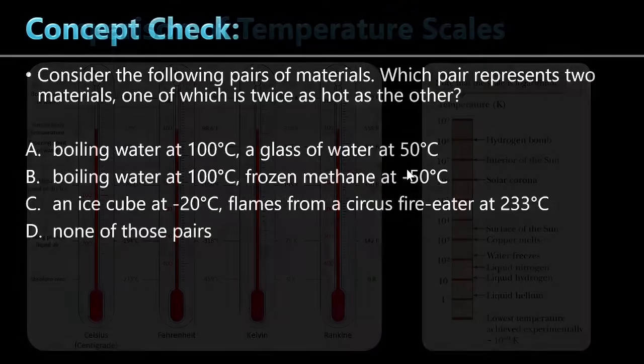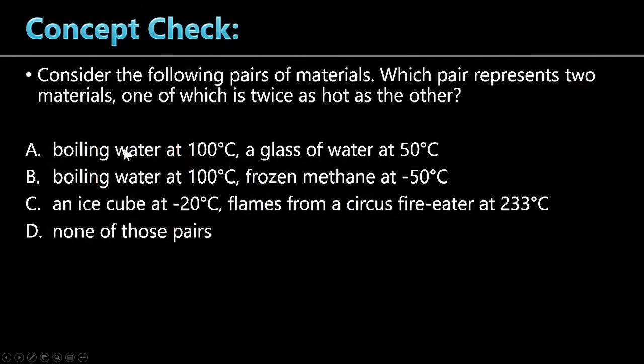Punta na tayo sa concept check. Here I have a question. Consider the following pairs of materials. Which pair represents two materials, one of which is twice as hot as the other? Itinatanong sa atin kung alin daw sa mga materials na ito ang nagsasabi na yung isang bagay ay 2 beses na mas mainit kumpara dun sa isa. Is it letter A, boiling water at 100 degrees and a glass of water at 50 degrees?